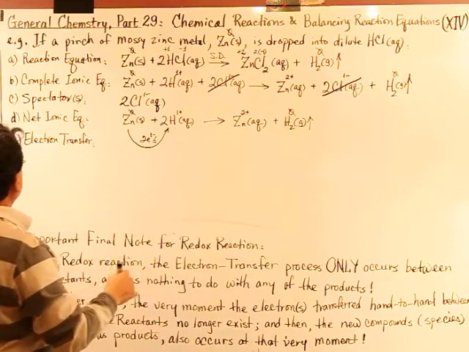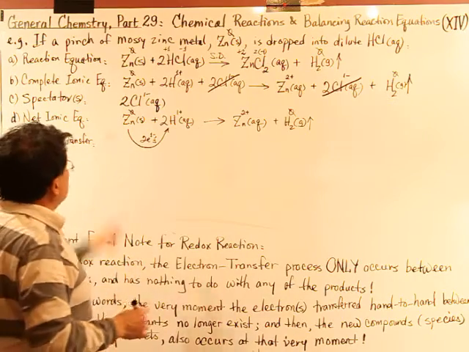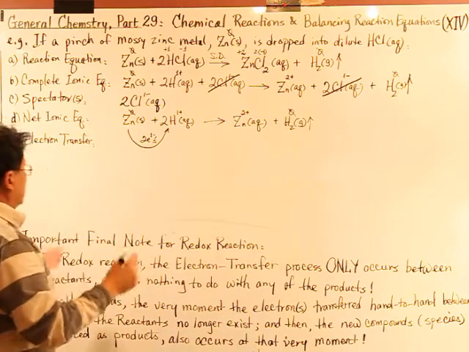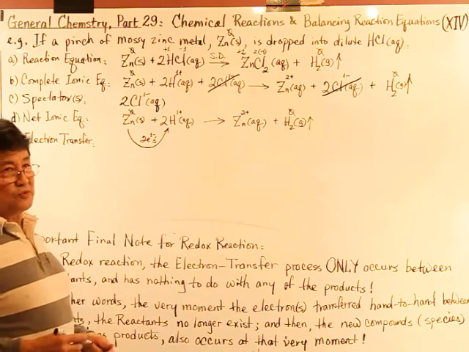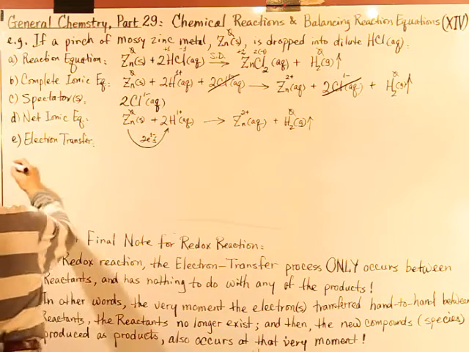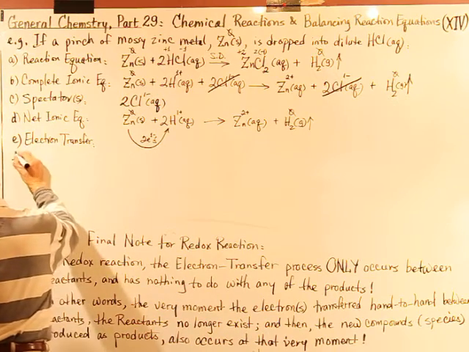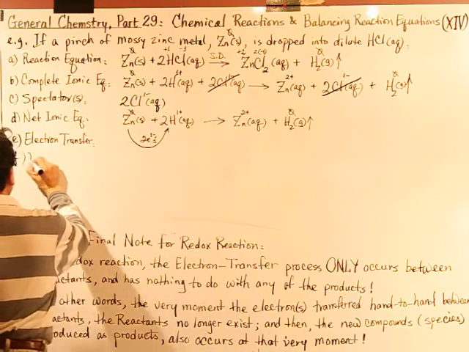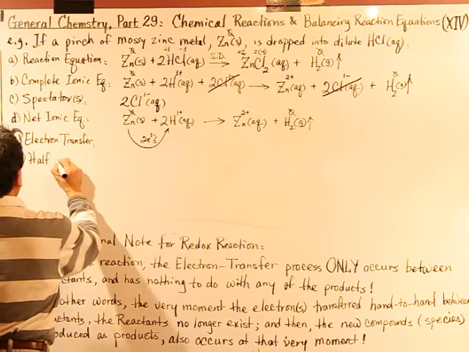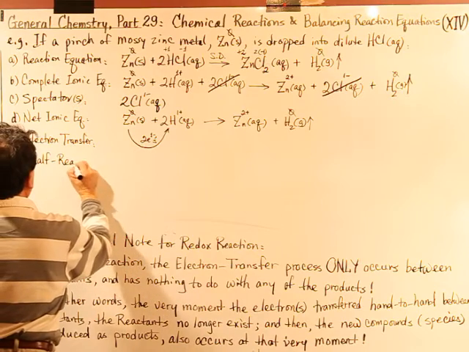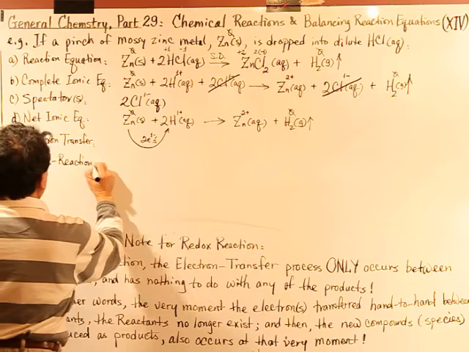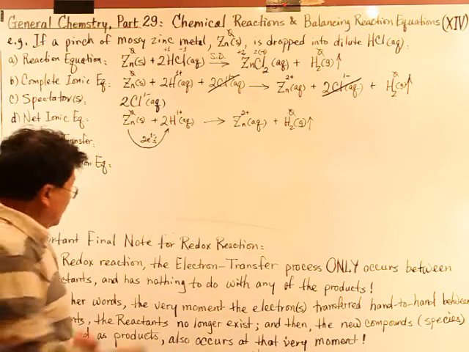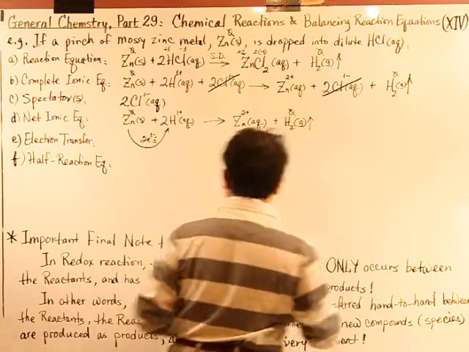Now this kind of net ionic equation involves electrons. Can we also cut them in half? It's called the half reaction equation. Now we're going to indicate what kind of process is involved.